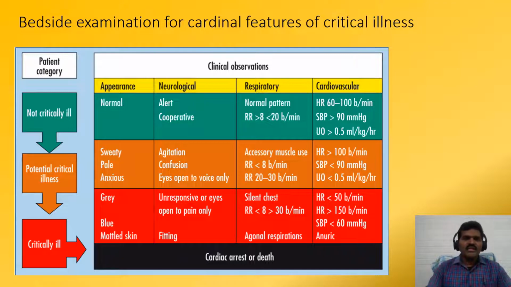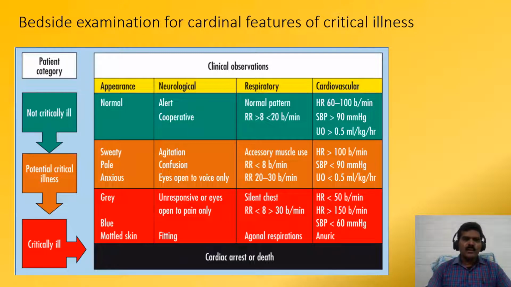Neurological: whether he is alert, cooperating with your examination, whether he is giving the history. Respiratory: normal pattern of respiration with a respiratory rate of greater than 8 to less than 20 breaths per minute indicates a normal respiratory system, which indicates a non-critical illness. Cardiovascular system: heart rate of 60 to 100 beats per minute, an SBP of greater than 90 millimeters of mercury, urine output of 0.5 ml per kg per hour indicate non-critical illness.